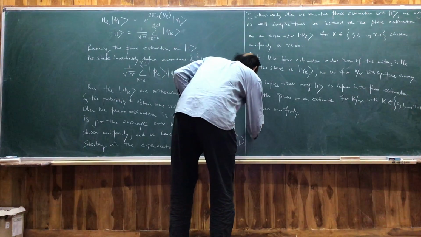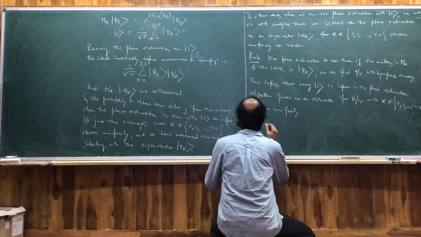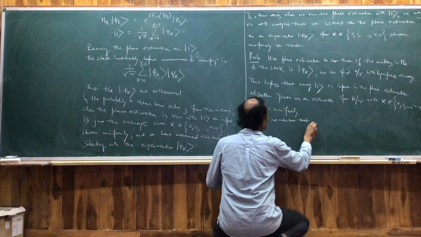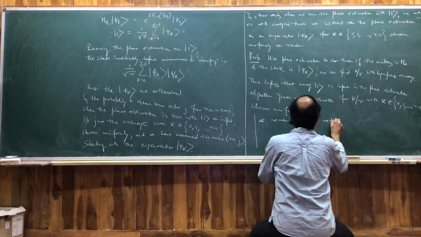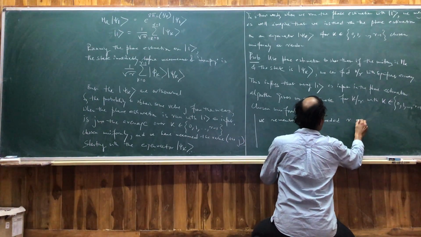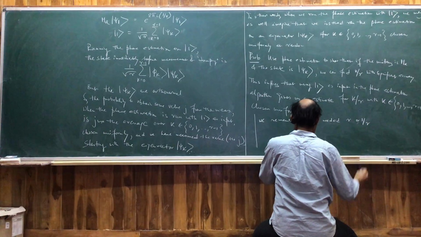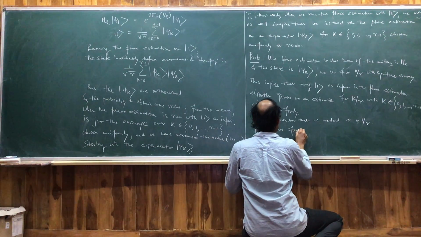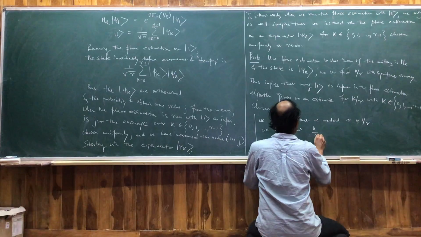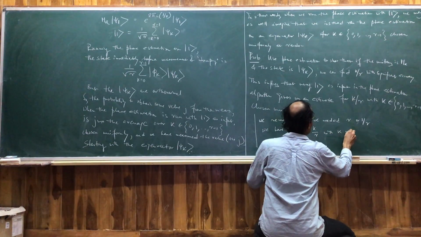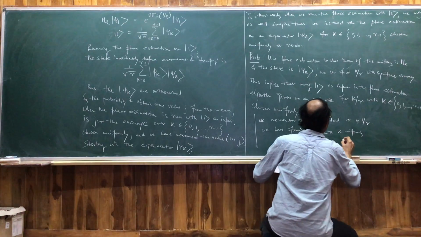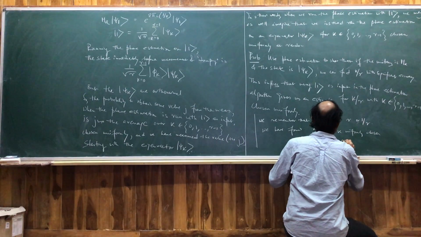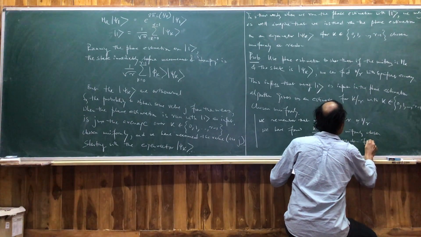So let us see where we are standing. We needed R, or what is the same thing, 1 by R. We have found K by R with K uniformly chosen at random from here, yes?